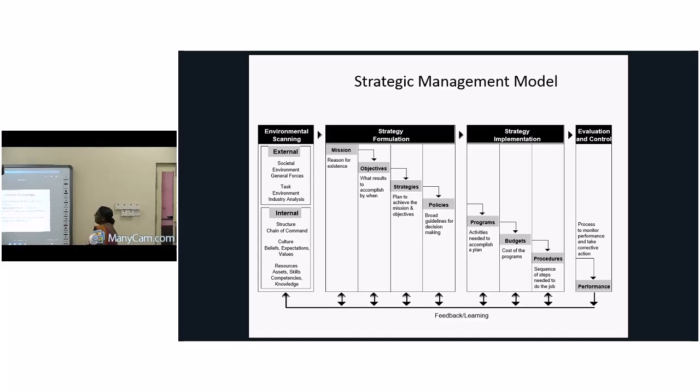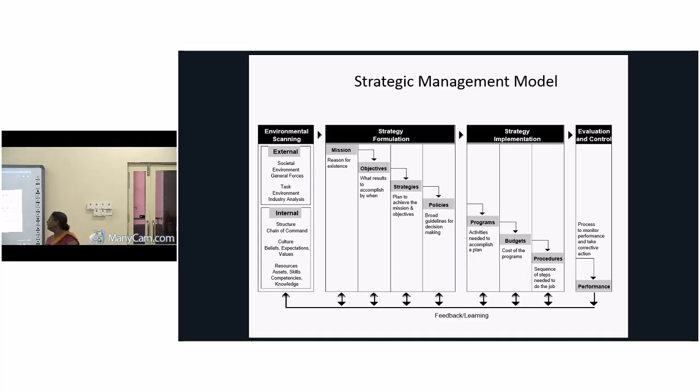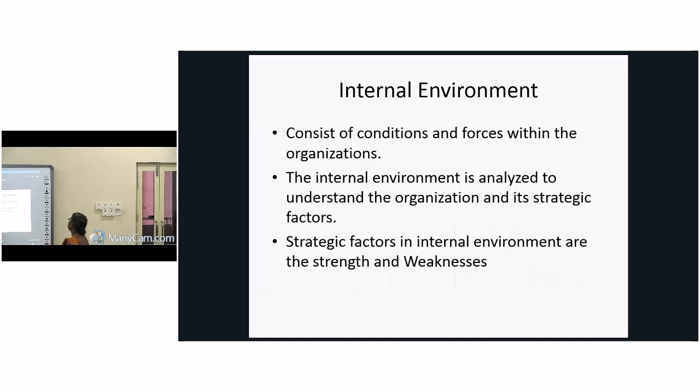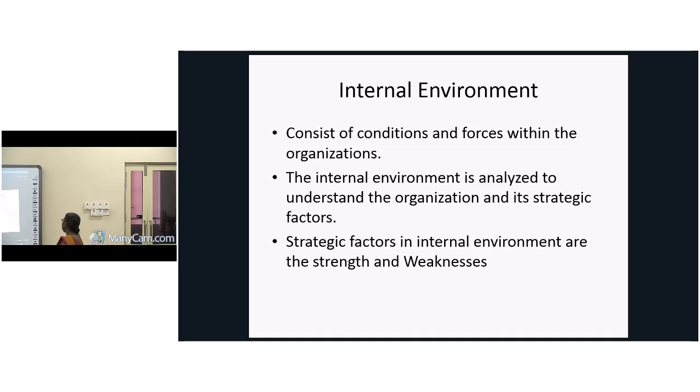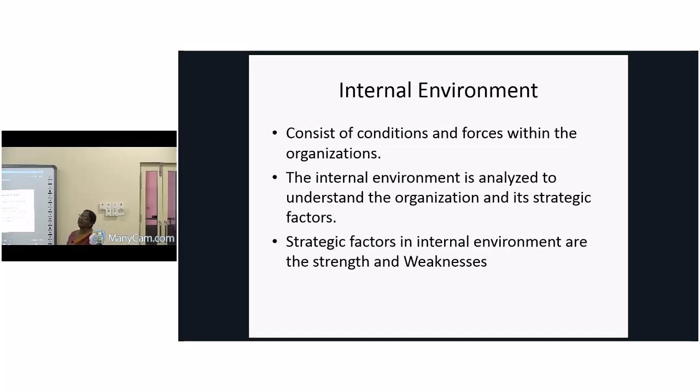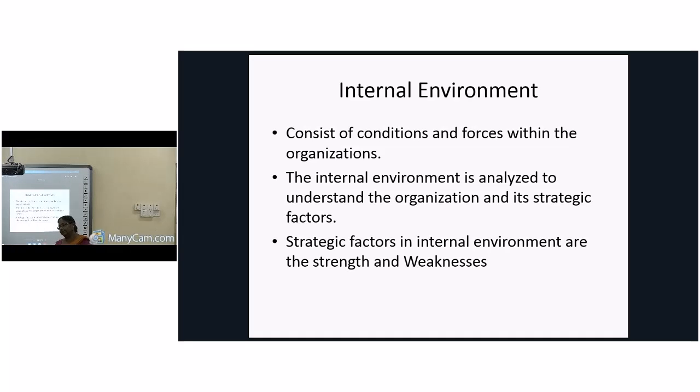The internal environment, as I explained, consists of conditions and forces within the organization. The internal environment is analyzed to understand the organization and its strategic factors. In strategic management, we say these factors are strategic factors. These are not mere elements.